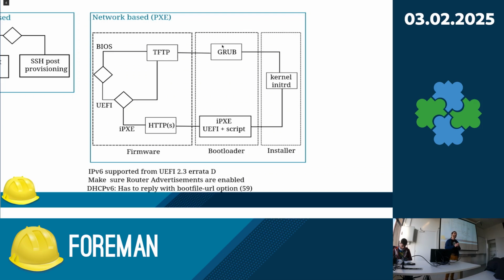For IPv4 we supplied two options: the boot file name and the next server. In DHCPv6, they give us only one option, which is a full URL.